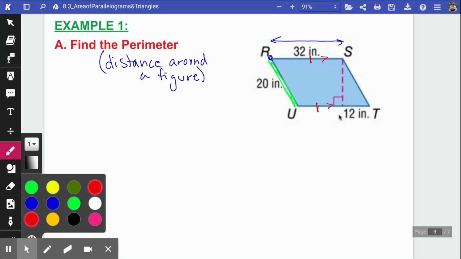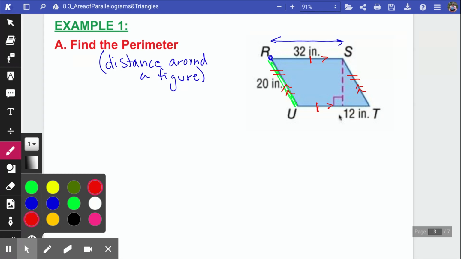So RS is congruent to UT, and it's also parallel to UT, and RU is congruent to ST, and it's also parallel to ST. We're recalling that from previous lessons.